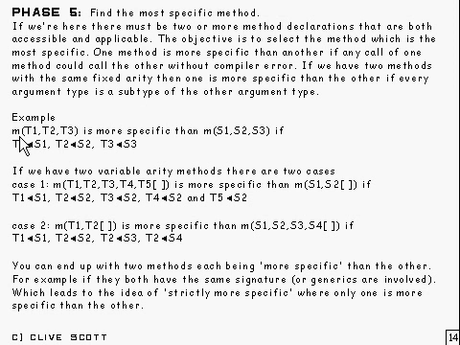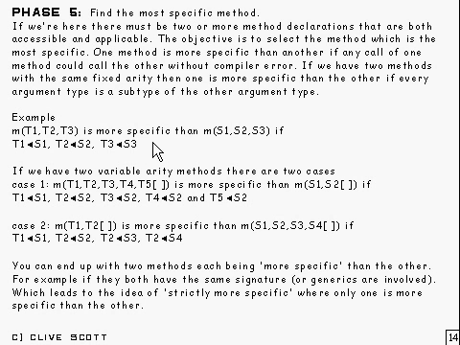So for example, if you've got this method which takes these three arguments of this type, I've not bothered putting the argument names in here, we say that that's more specific than this other method which takes those three types if each of the types is a subtype of the other. Now subtype means that it can be the same, by the way, so it could be a proper subtype or the same type.